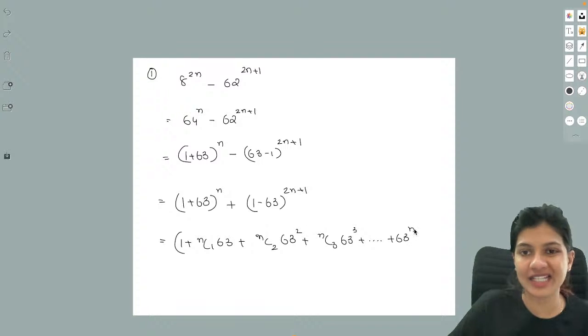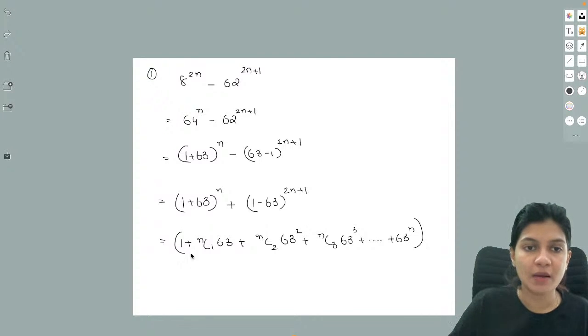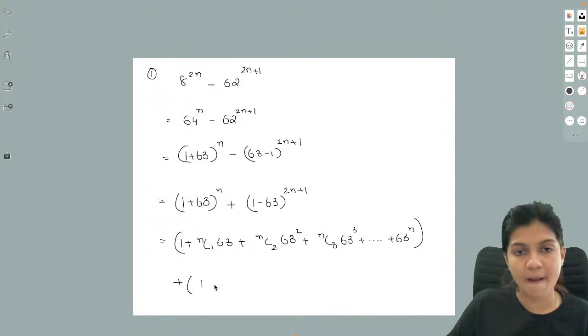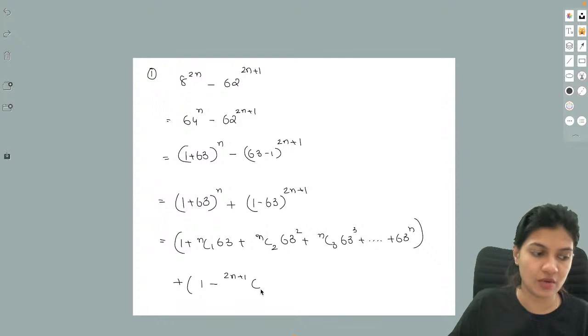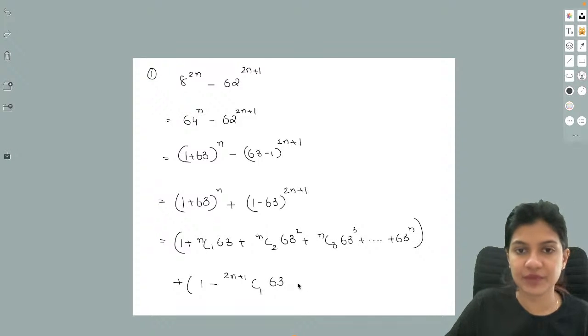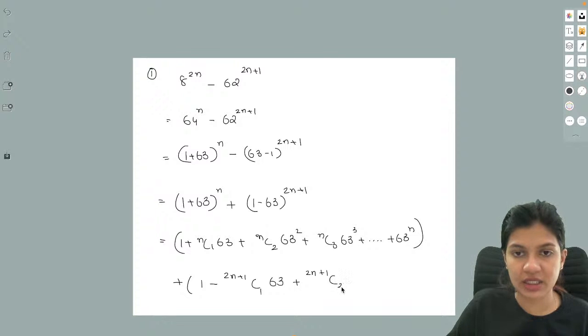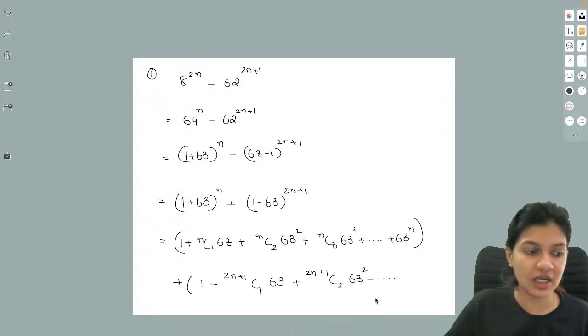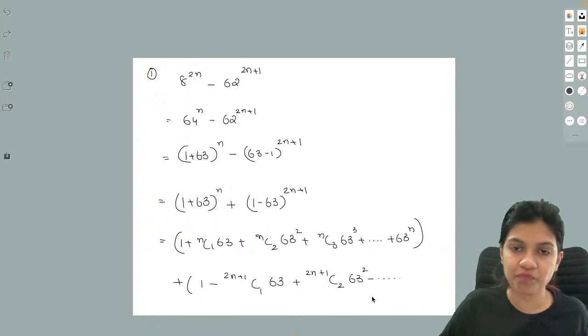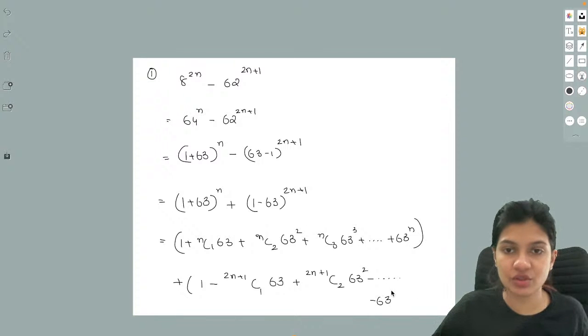This would be the expansion of the first term. Plus, this will become 1 minus (2n plus 1)C1 63 plus (2n plus 1)C2 63 square minus etc. till the last term, minus 63 to the power 2n plus 1.